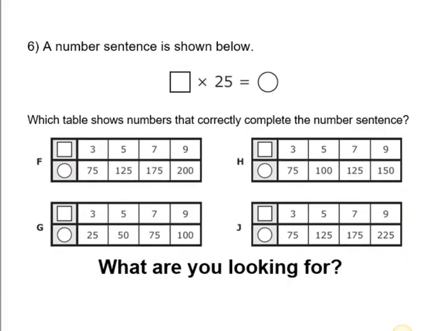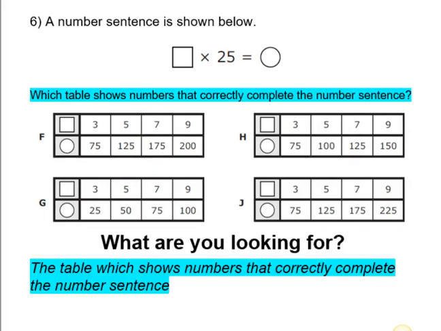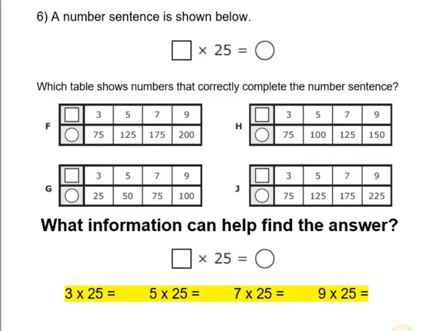What are we looking for? We are looking for the table which shows numbers that correctly complete the number sentence. What information can help us find the answer? Okay, so we know that for all of the answer choices, the square numbers are 3, 5, 7, 9.